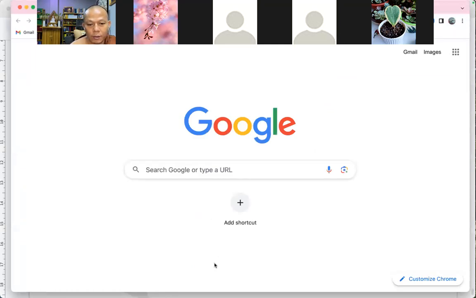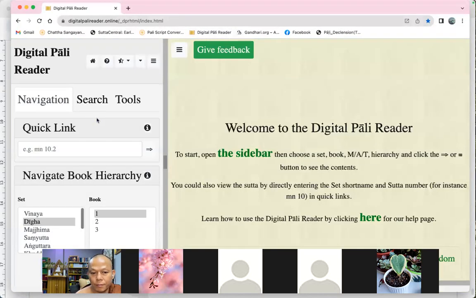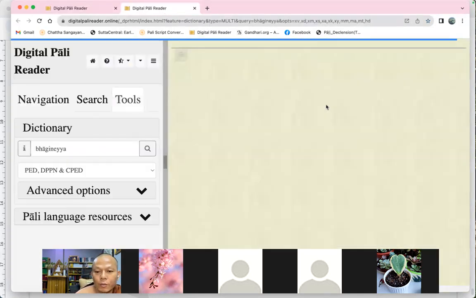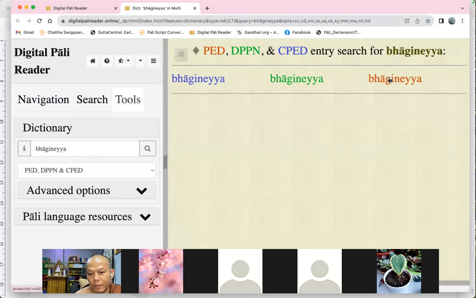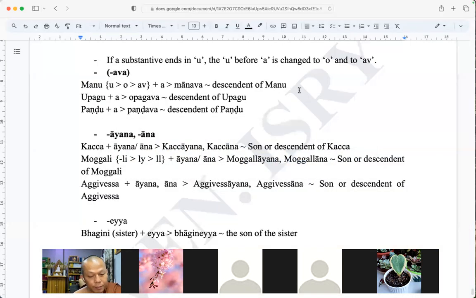Okay, that one. Let's see in the dictionary. So bagi ni ya. Bagi ni ya means nephew. So sister, son, or nephew. You see. So in this, that is from the bagi ni.